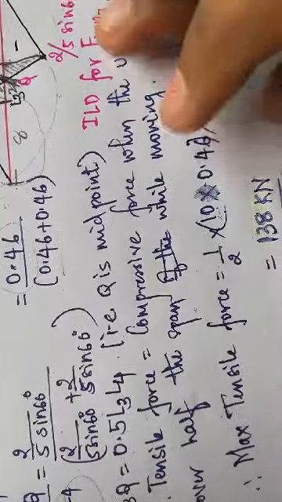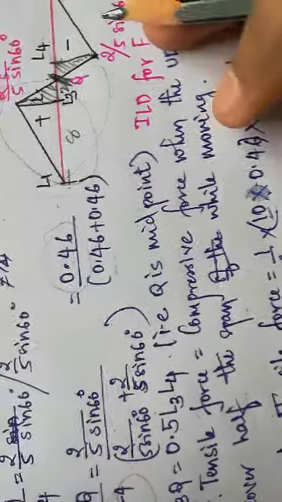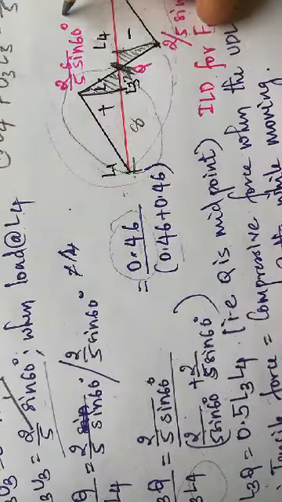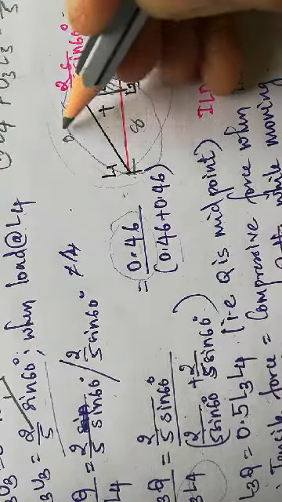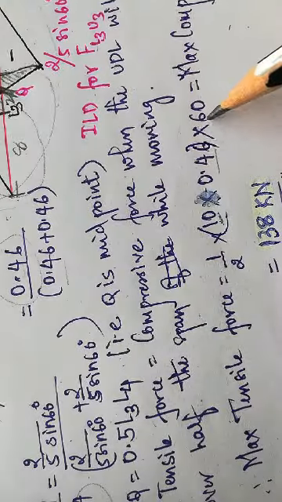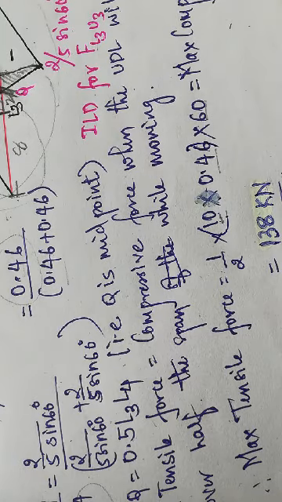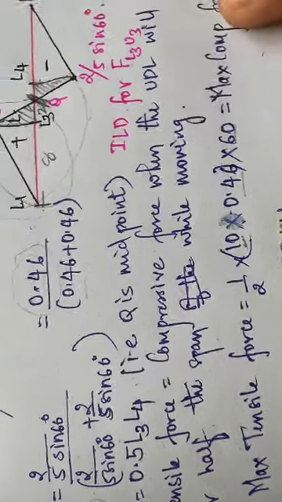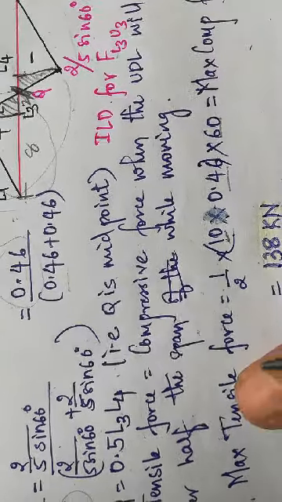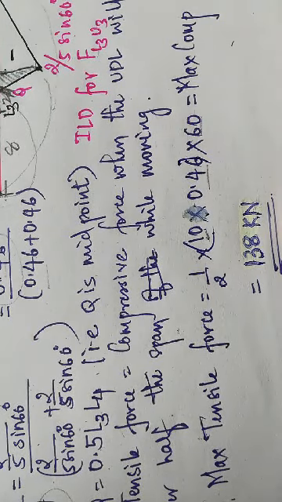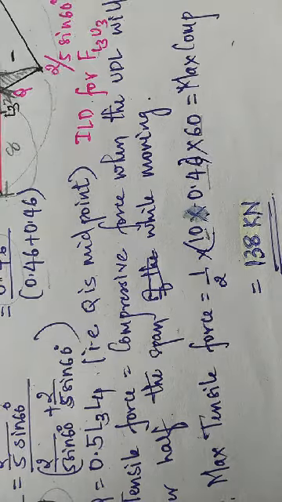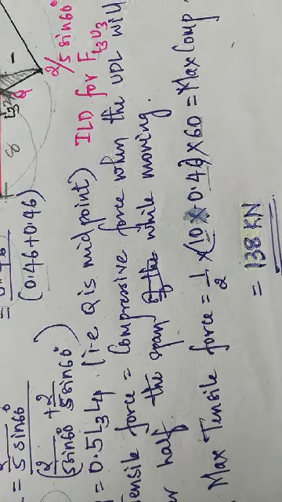So in total the base is 10 meters, and if you solve, you will get the ordinate as 0.46. Multiplied by the UDL of 60, the tensile force is equal to the compressive force, that is 138 kilonewton. Okay, thank you for hearing patiently.